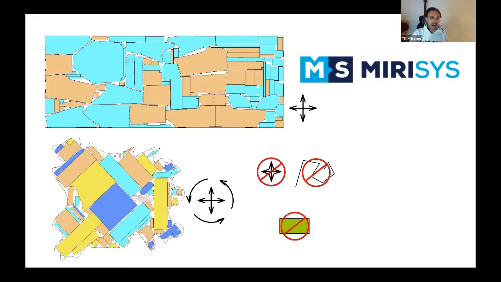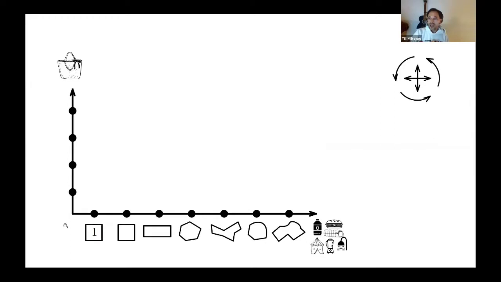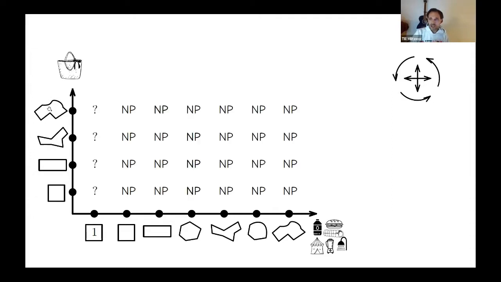So we want to study the packing problem where our containers and our items are of different categories. The simplest category for the pieces is unit squares, up to arbitrary shapes, and for the containers, squares would be the simplest container, and arbitrary simply connected shapes would be the most complicated containers. What was known before we started working on this is that essentially all of these variants are NP-hard, both when we allow rotations and when we do not allow rotations.